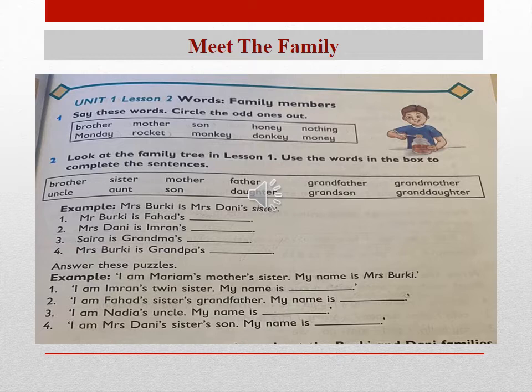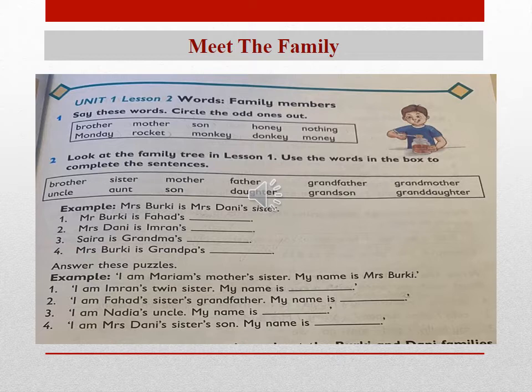Sun, do you think there is another word for sun? No. Monday, rocket, monkey, donkey, money, honey, nothing. No. Honey has the same sound as money. Nothing isn't like any other word, so we should circle nothing as well.